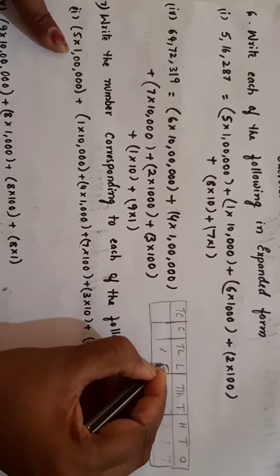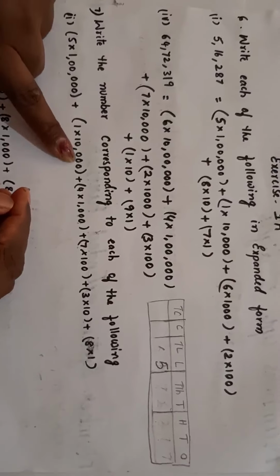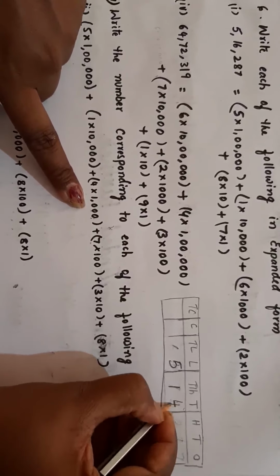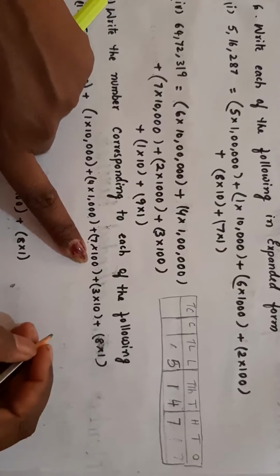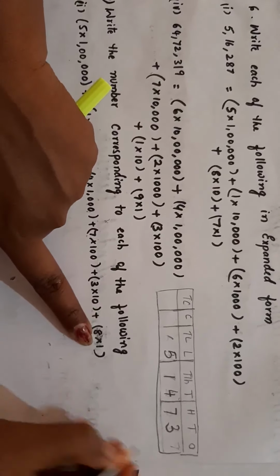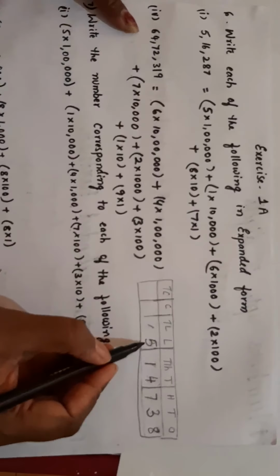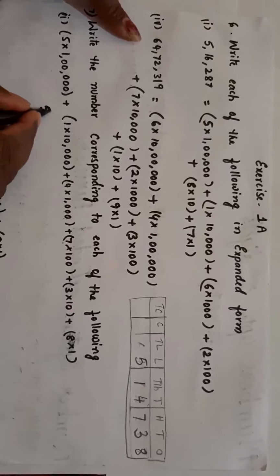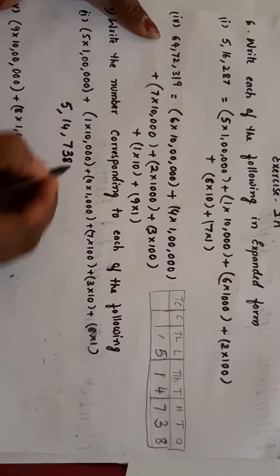So 5 lakh. 1 into 10,000, in the 10,000 place 1. 4 into 1,000, 4,000. 7 into 100, 700. 3 into 10, 30, tens place. 8 into 1, 8. So the number is 5,14,738.